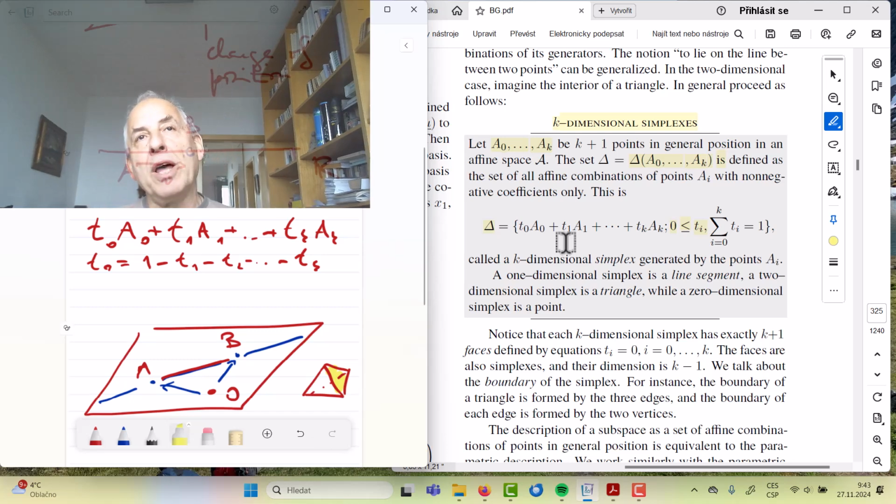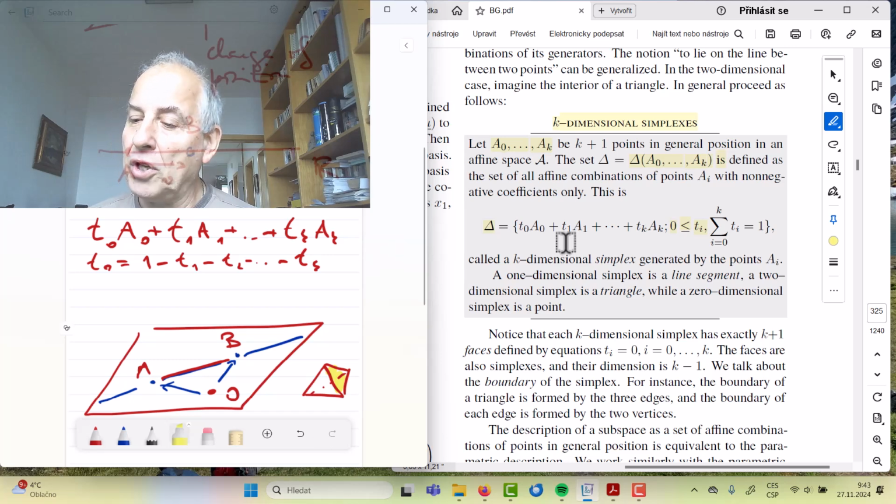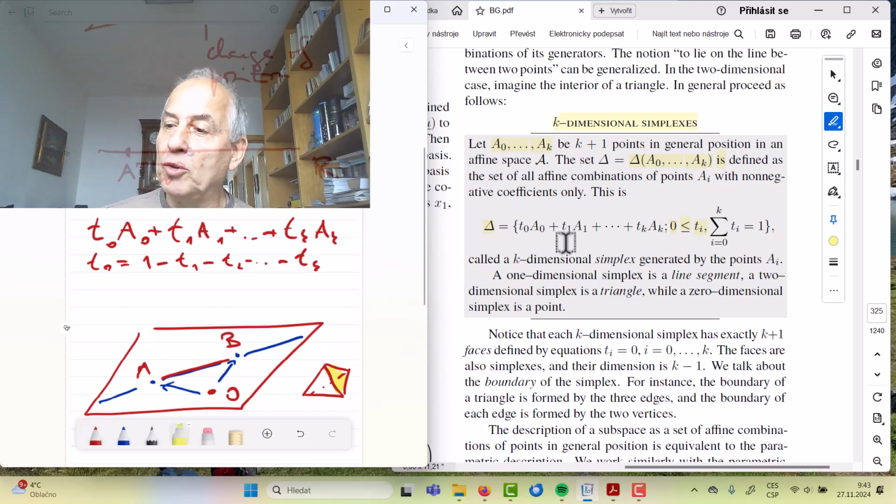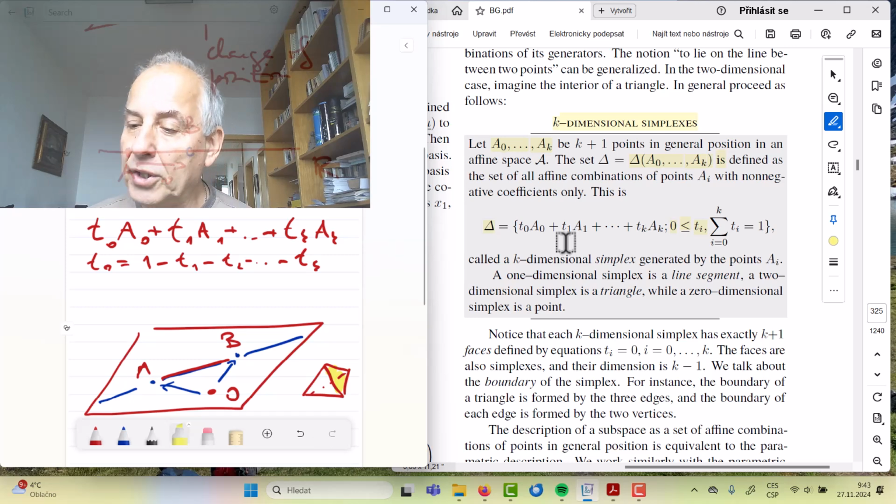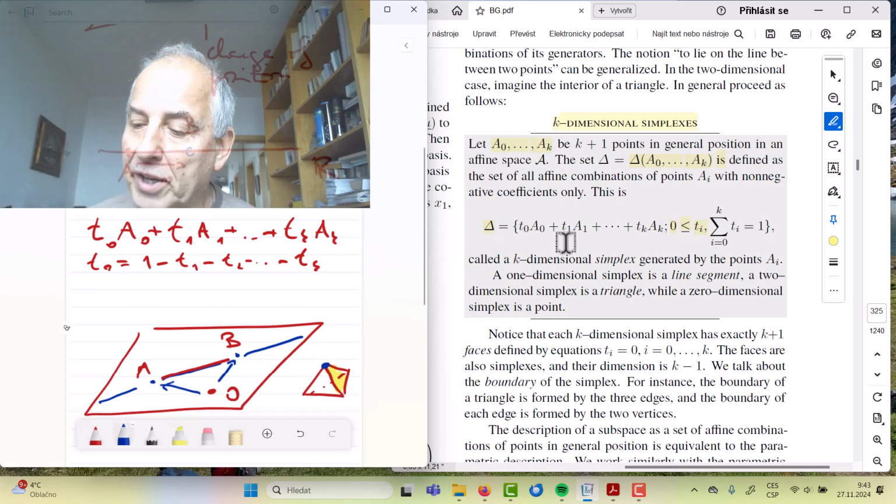Then the next level is you enforce 2 of those parameters to be 0, and you get the 2 codimensional bits of the boundary. So here you see, fixing 1 of them will be a triangle, fixing 2 of them will be one of the edges, fixing 3 of them to be 0, then the 4th one is enforced to be 1, and this will be one of the vertices, right?